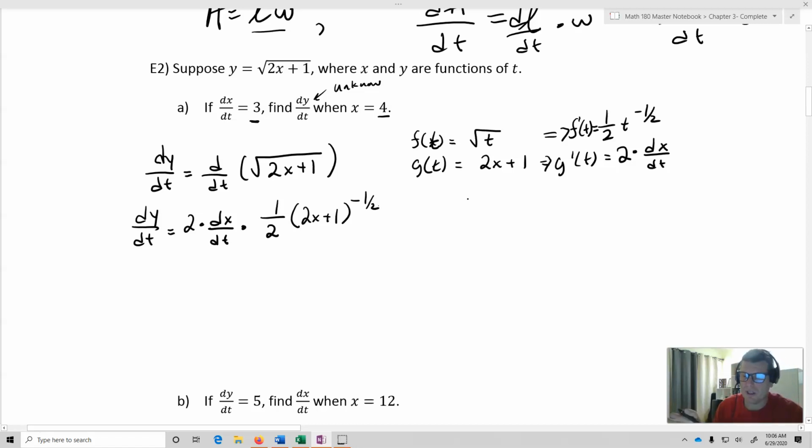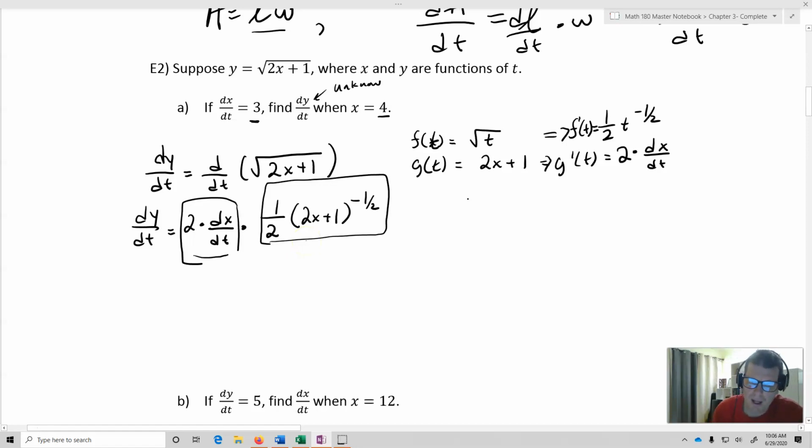That's just us using the chain rule. This is the derivative of 2x plus 1 with respect to t, and here is the derivative of the square root of t, but then we plug in the function 2x plus 1 into it.